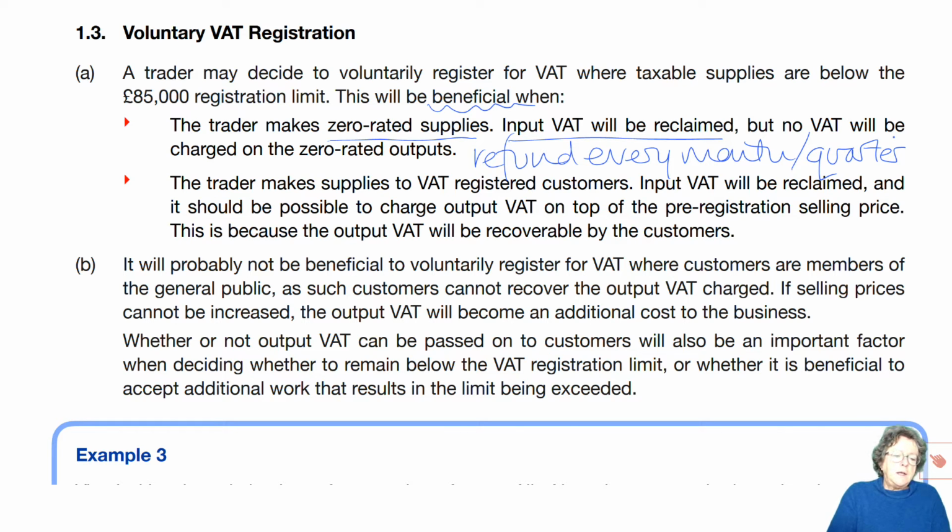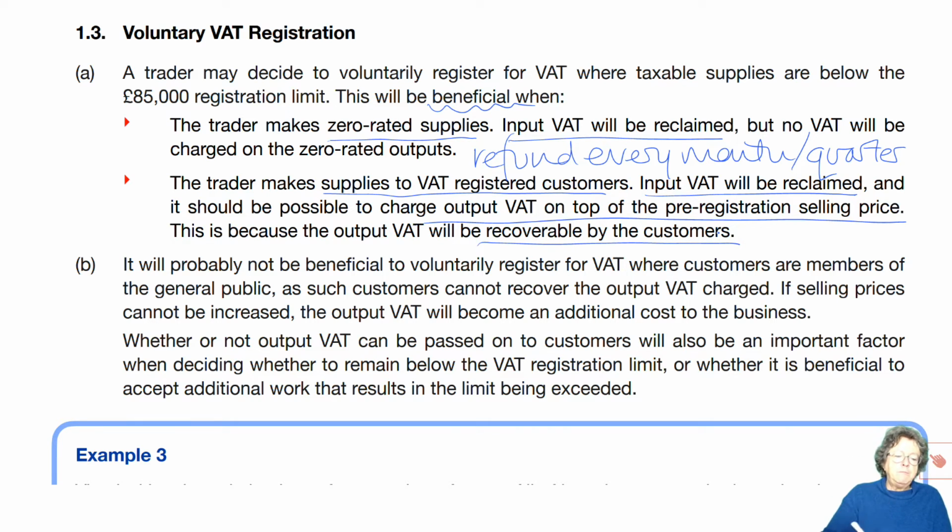Okay. If you're making supplies to registered customers, input VAT can be reclaimed. Charge output VAT on top of the pre-registration selling prices, and then that will be recoverable by customers.